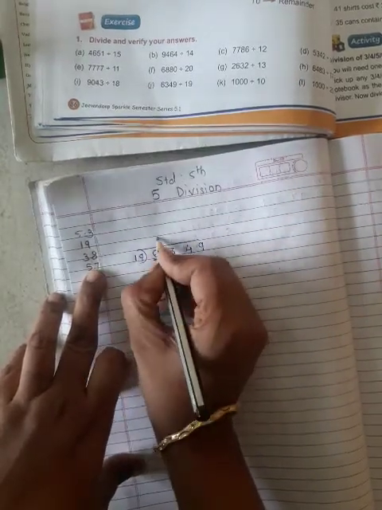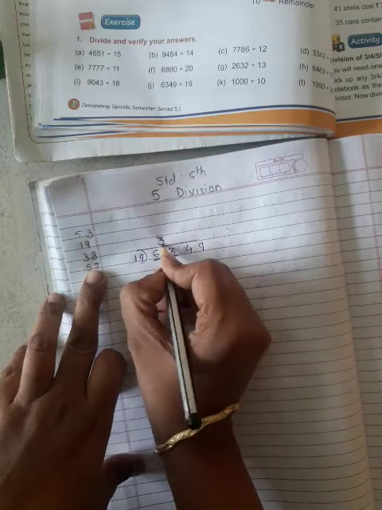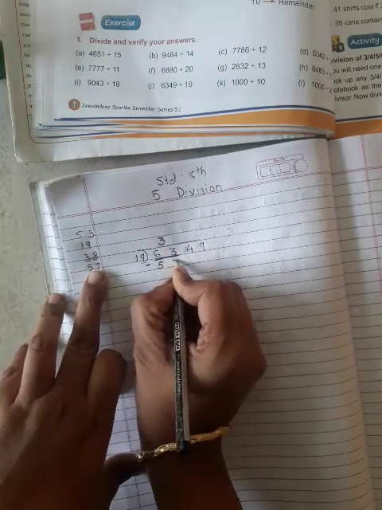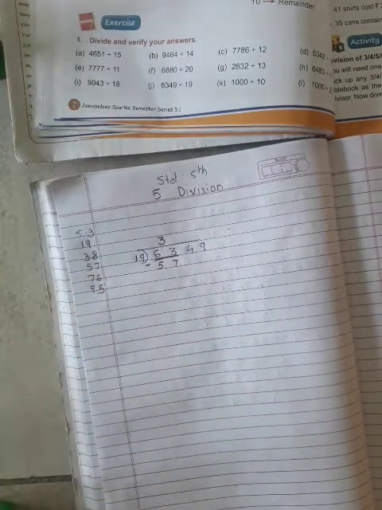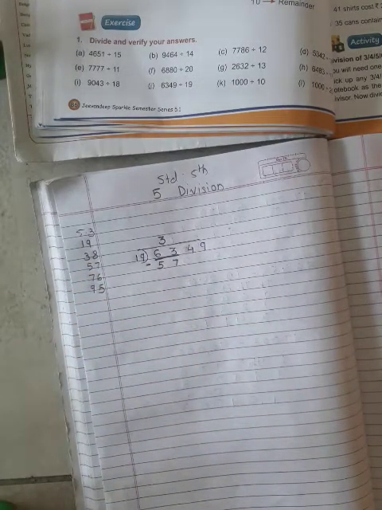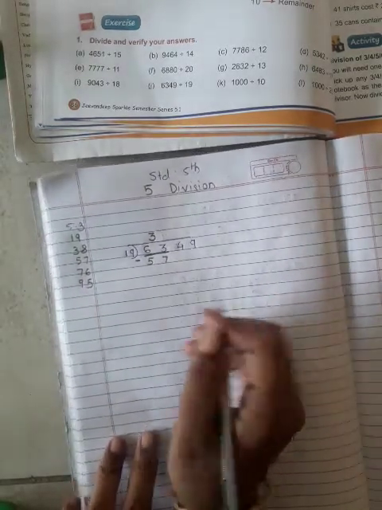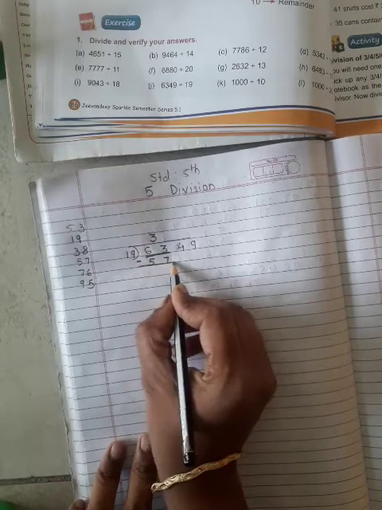So 19 threes means 3 right here, minus 57. Understand? Okay. See, 57 you write there.